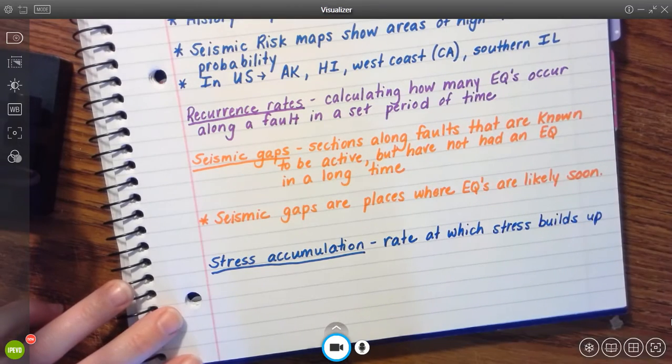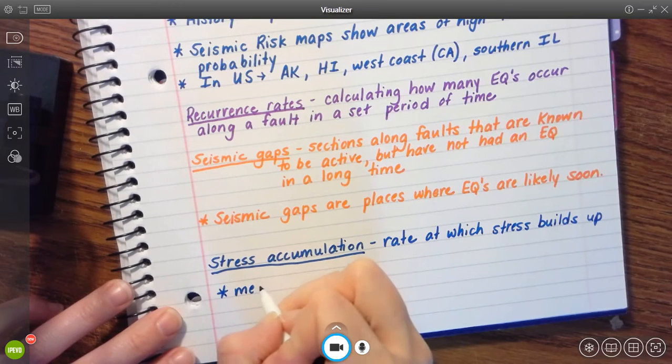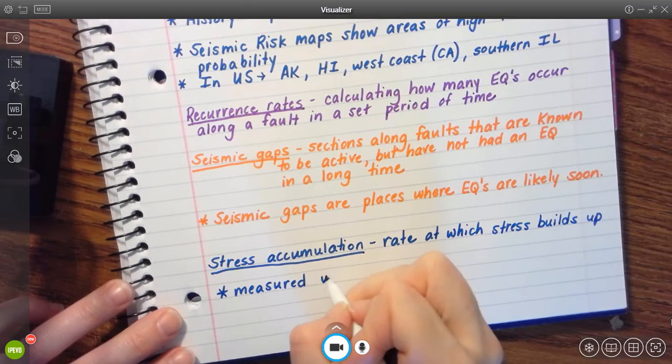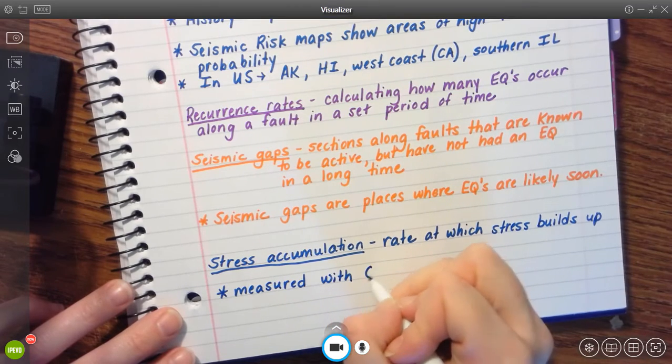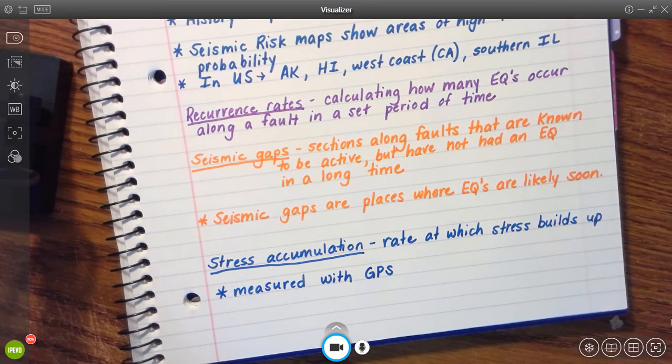The faster the stress builds up, the more likely you are to have an earthquake coming soon. And they measure this with GPS. So you can plot the exact location of two sides of a fault and then see, even if it's just moving fractions of an inch every year, you can kind of use that to determine how quickly the stress is accumulating in the rocks.